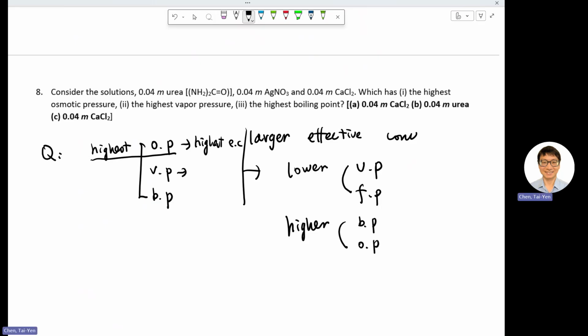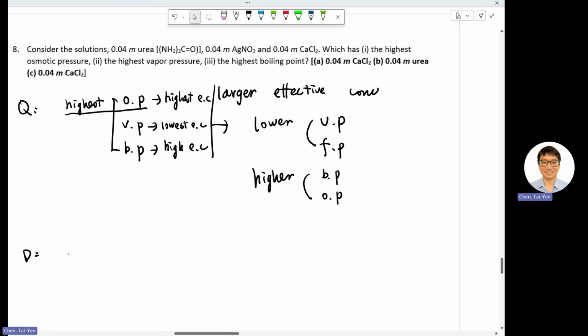Highest vapor pressure means lowest effective concentration, right? Highest boiling point means highest effective concentration. Okay, so everybody see the logic of solving this question really gets back to the colligative property concept. Once we understand this, we can see what data we have.